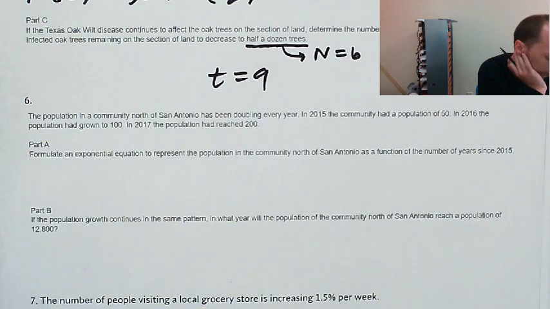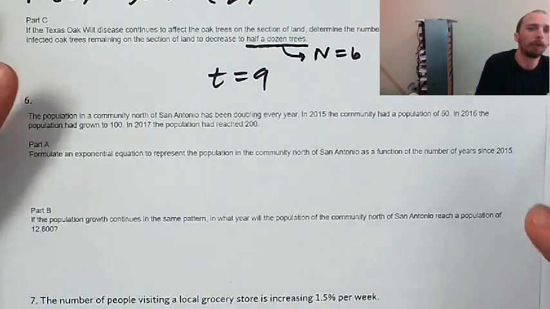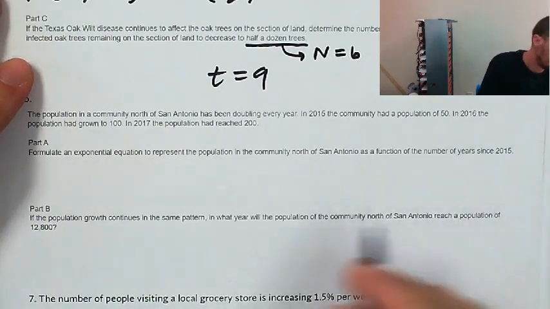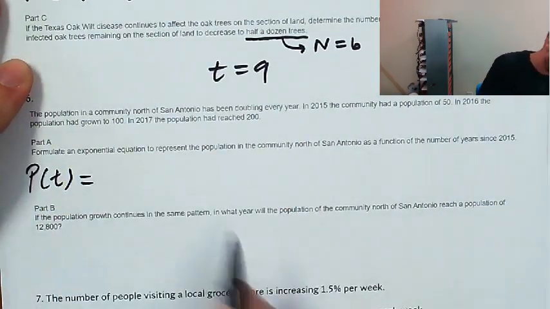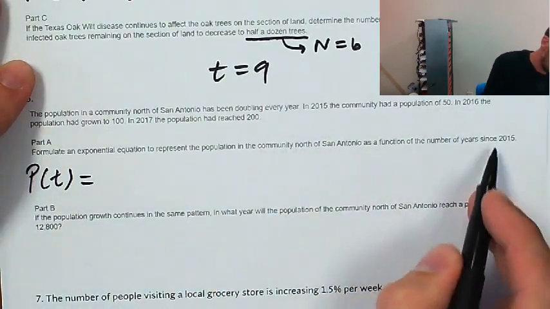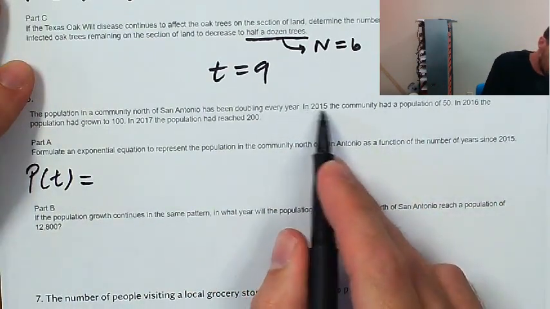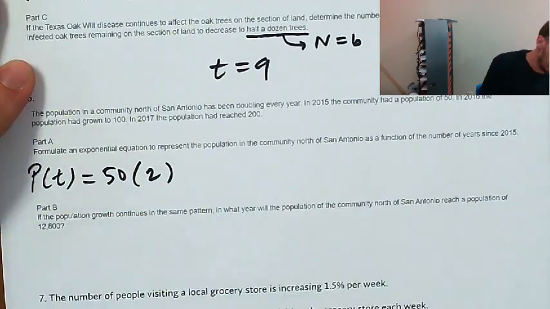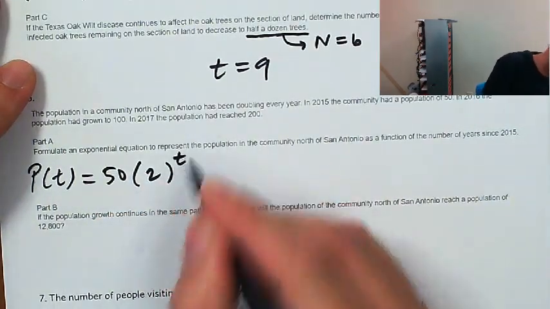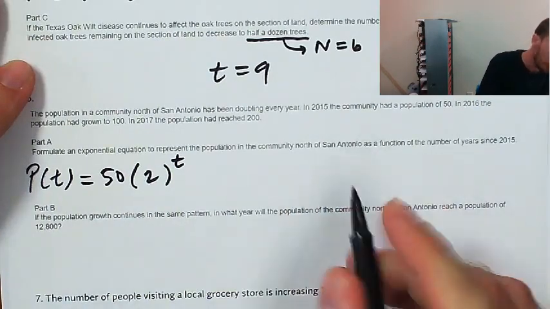Formulate an exponential equation, and why don't we do a recursive formula as well, to represent the population in that community north of San Antonio as a function of the number of years since 2015. So population at time t is going to be some starting value. Starting at 2015, zero years after 2015, the population was 50. We're doubling each year, so I'm going to multiply by 2 to the t, where t is the number of years.